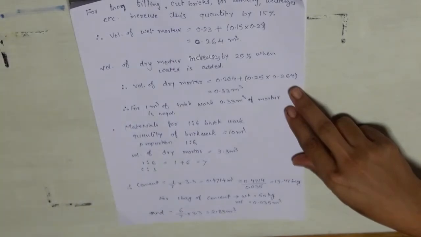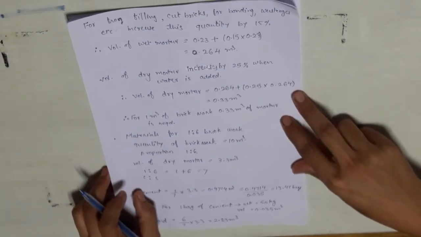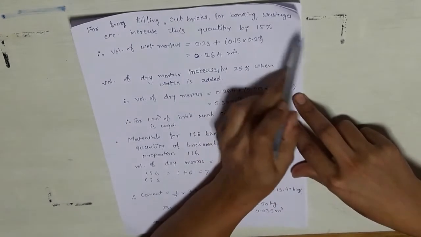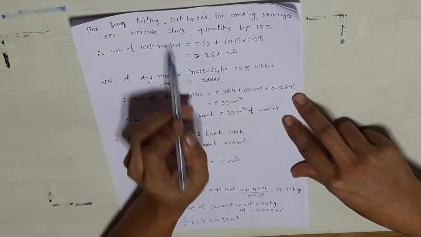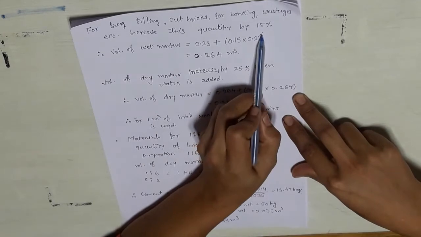Now for filling the frog, cut bricks for bonding, wastages, etc., increase this quantity by 15%.